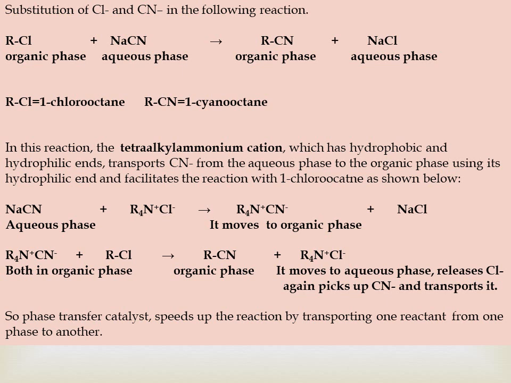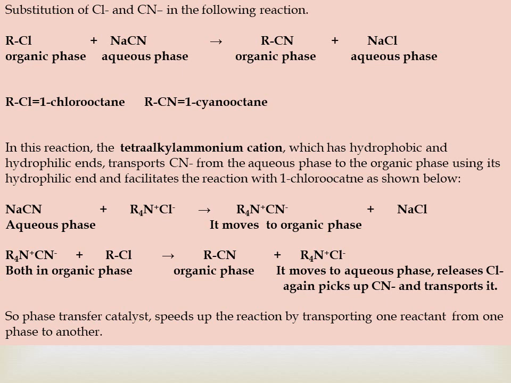NaCN with tetraalkyl NR4+ Cl-. So what is happening? Cl- is substituted by cyanide, CN-. So R4N+ CN-, that means tetraalkyl ammonium cyanide, is formed in the aqueous phase itself, plus NaCl. NaCl will remain in the aqueous phase.